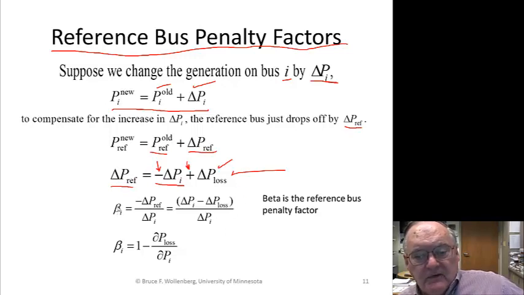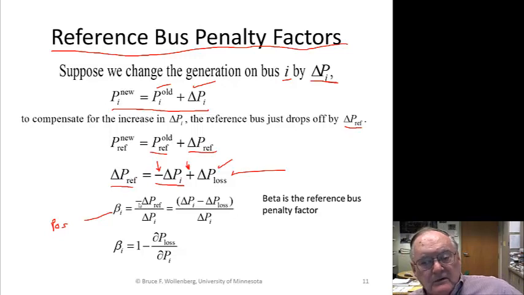And we define beta as the negative change in P ref divided by the change in Pi. So this quantity is a positive number, the way I've defined it here, so that if Pi goes up, then this goes down. But I'm putting a minus sign here. It's considered a positive number, and we just substitute this into the equation.